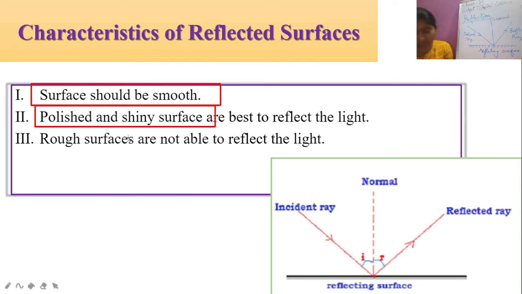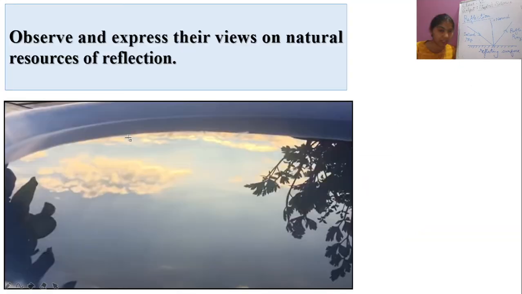Now students, you have to observe this image and express your views on how this natural resource present in your surroundings acts as a reflection. How is it making a reflection? Yes students, we can come to know the reflection process. You can see this is a tap where we can see water, right?